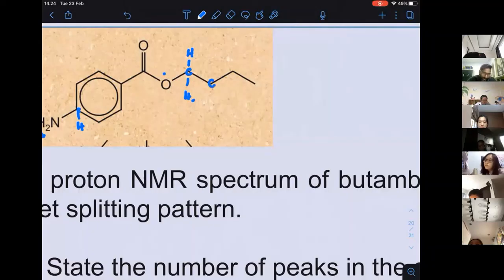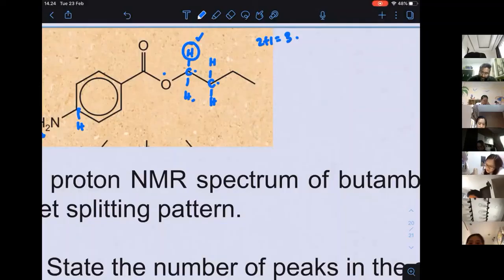So for this environment, the one that I circled, let's wait for it to appear. Okay, it appeared. The carbon opposite to this one has 2 hydrogens, so 2 + 1 is 3. So for this environment, I am going to get a triplet.